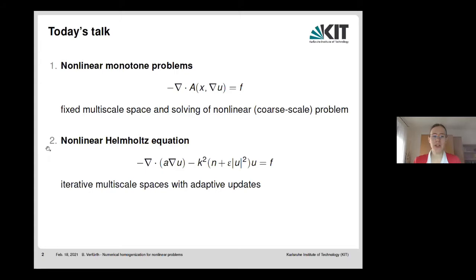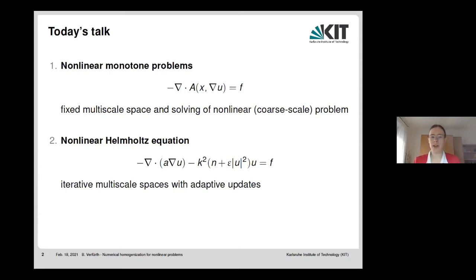In the second part of the talk, we will look at the nonlinear Helmholtz equation that you see down here, where we have a cubic type nonlinearity in the lower order term. Because the wave number k can be large, this nonlinearity, in fact, can be very dominant. I will explain this in more detail later on. For this type of equation, we take a different perspective, a different route.